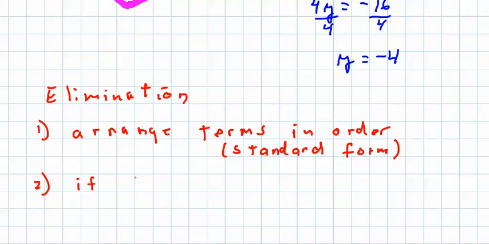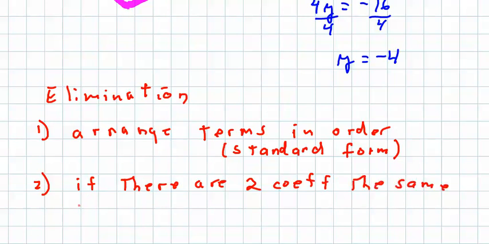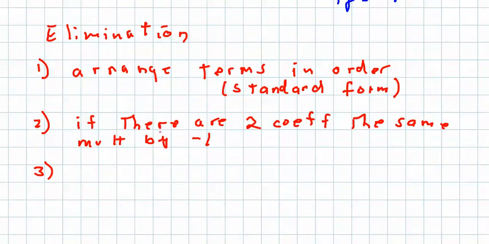Step 2, if there are two coefficients the same, I multiplied by -1. I did that so I could add instead of subtract. Then we add the equations.